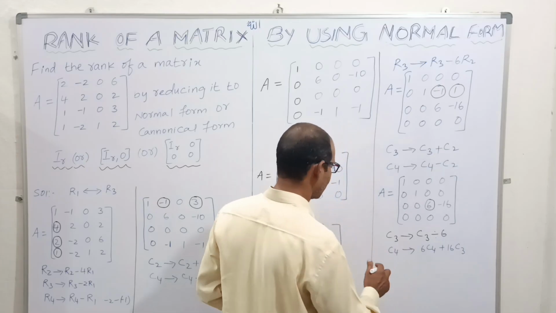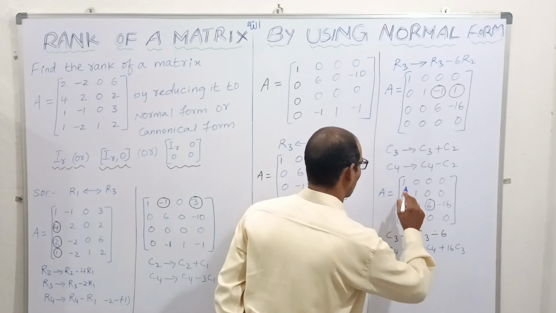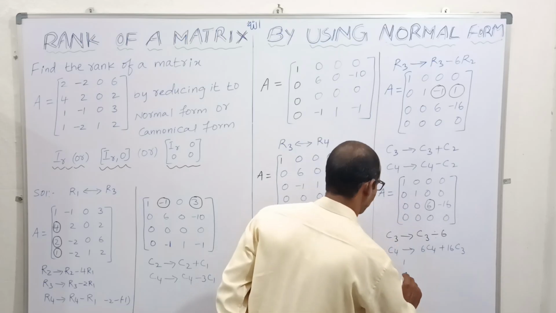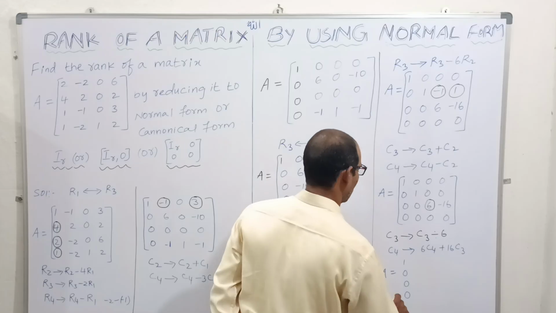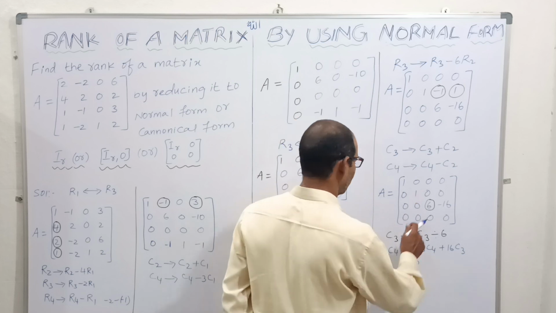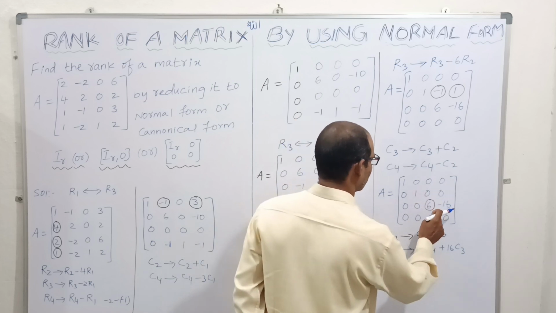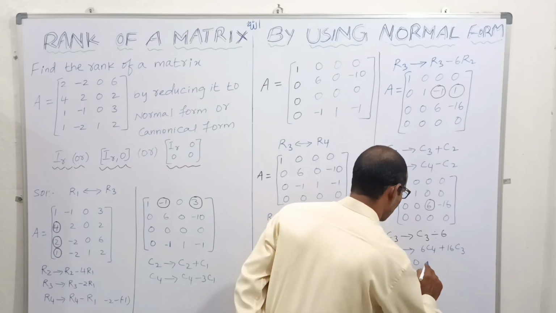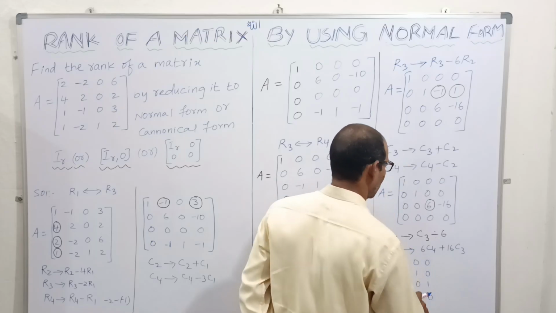So now the matrix is reduced as capital A is equal to, column 1 is no change, so 1, 0, 0, 0. Column 2 is also not changed, 0, 1, 0, 0. Column 3 we are dividing by 6, so this becomes 1, this becomes 0, so 0, 0, 1, 0.